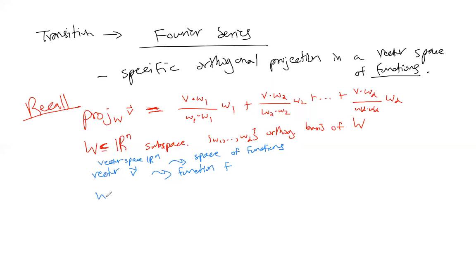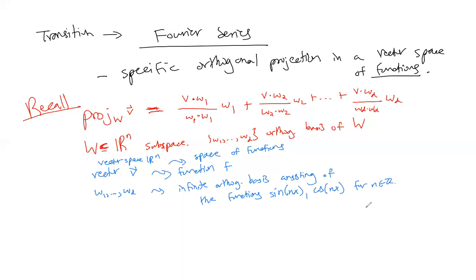And W, this is going to be a subspace, is going to be actually all of V, but the finite orthogonal basis W1 through Wd is going to be replaced by an infinite orthogonal basis consisting of the functions sine nx and cosine nx for all n.